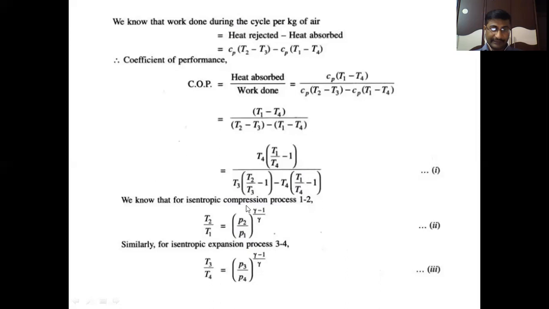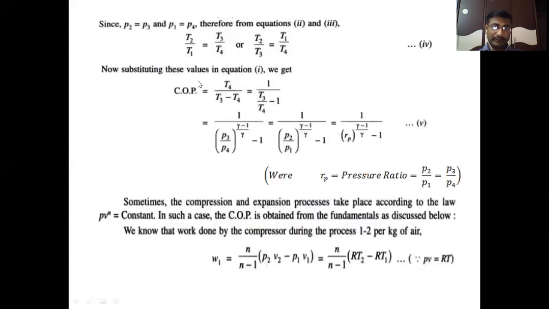If the right hand sides are equal, then we can equate the left hand parameters: T2 by T1 equals T3 by T4, or T2 by T3 is equal to T1 by T4. We can rearrange this equation as T2 by T3 equals T1 by T4. Take it as the fourth equation. Clear, students?